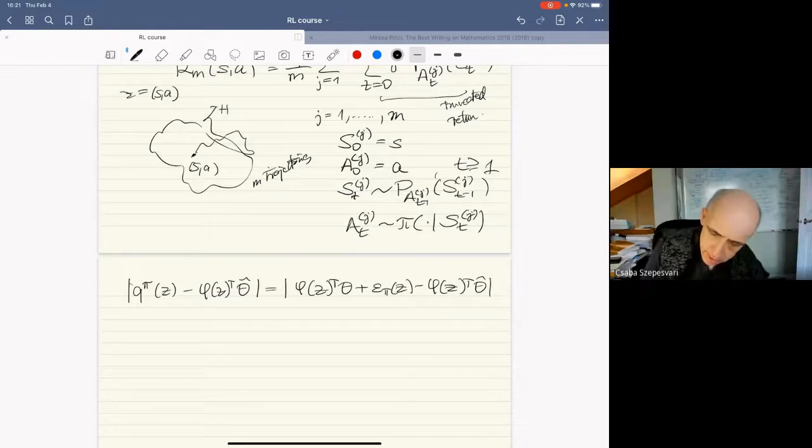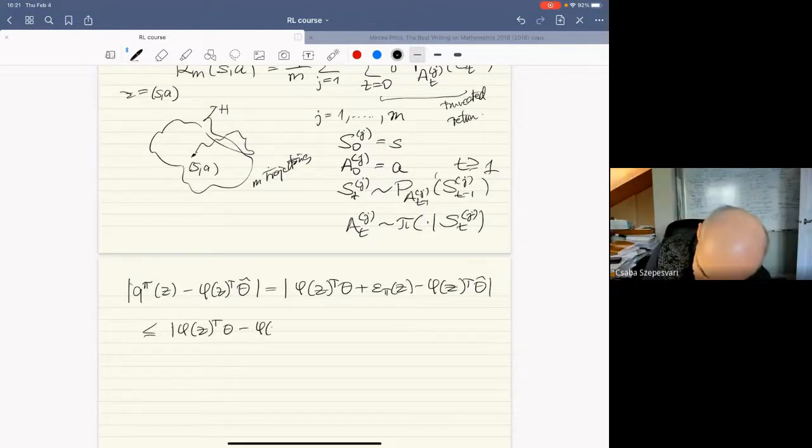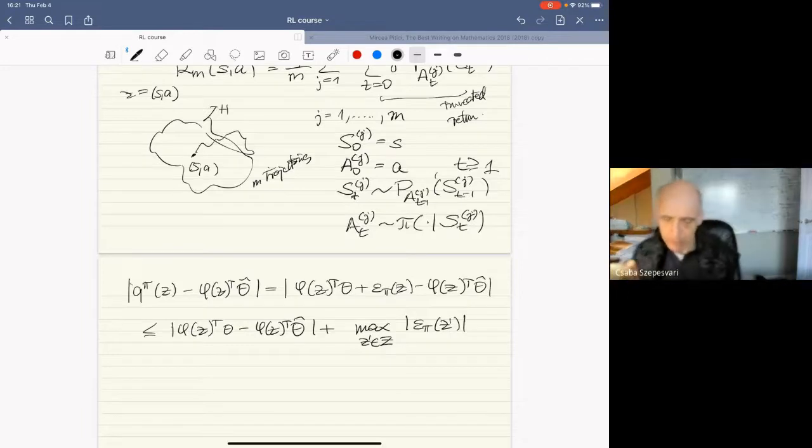Now we can use the triangle inequality to get that this is smaller than or equal to phi z transpose theta minus phi z transpose theta hat, plus whatever the maximum error of approximating the action value function with the features could be if we use this parameter vector theta.